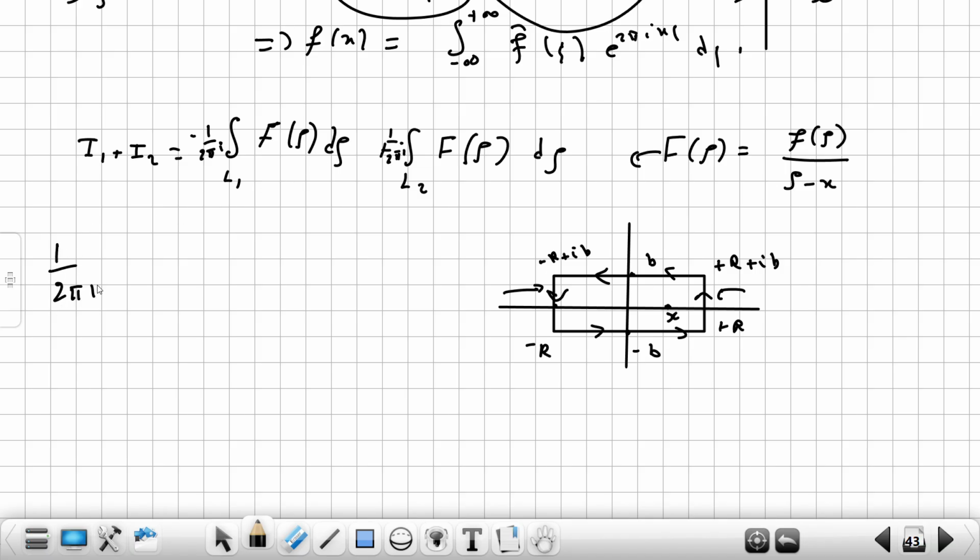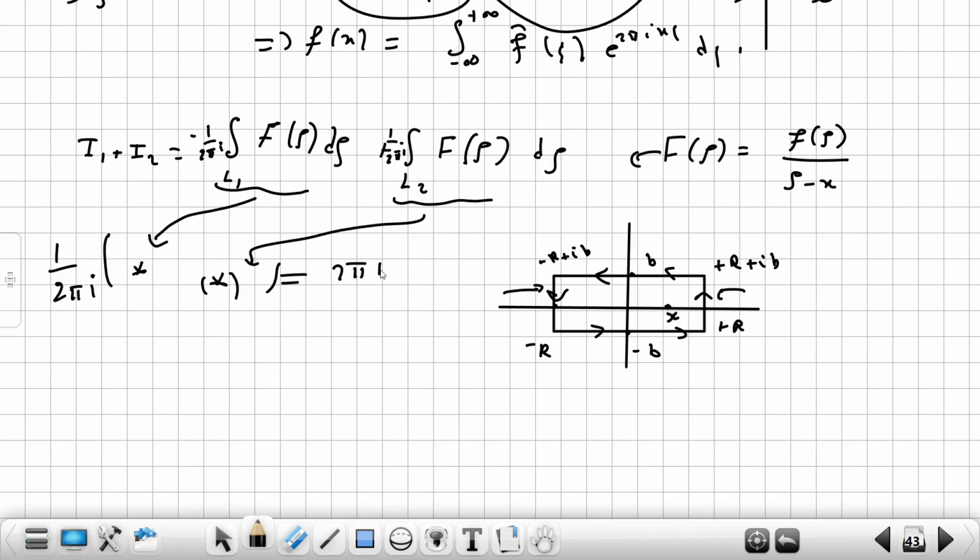We find that 1 over 2 pi i of this integral here, I'll call it star, this integral here, I'll call it double star, is equal to 2 pi i f of x.